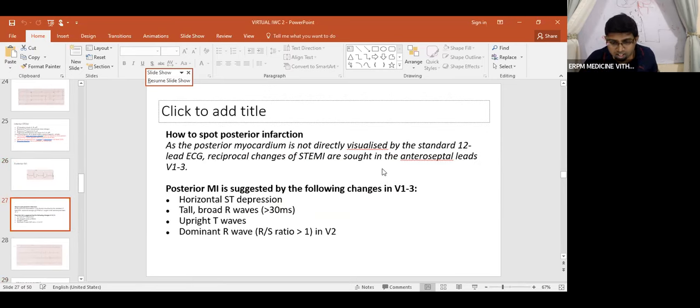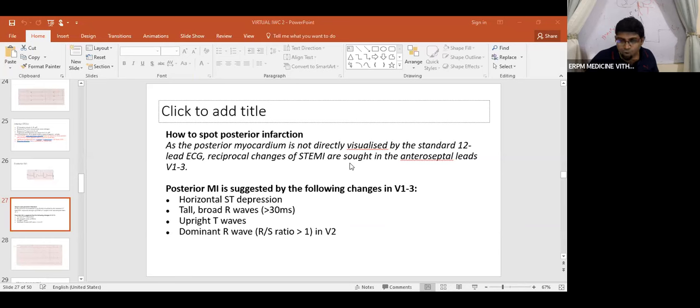How to spot a posterior infarction? Look at me. As the posterior myocardium is not directly visualized by the standard ECG, we have to look for the reciprocal changes in the anteroseptal leads, that is V1 to V2.